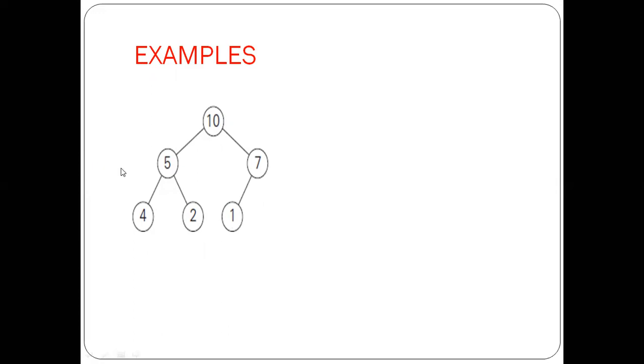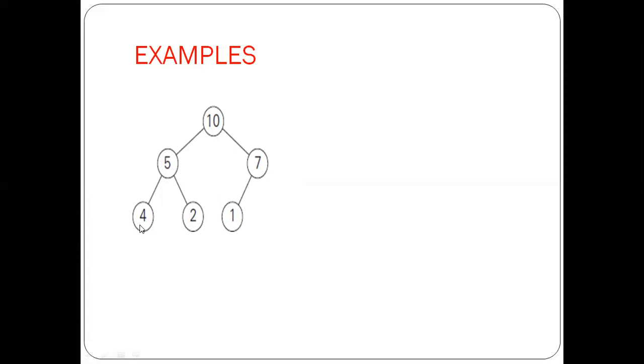Here 10 is the first level, 5 and 7 are the second level, and 4, 2, 1 are the third level. One vacant location remains, but it is on the right hand side. So this satisfies the shape property.